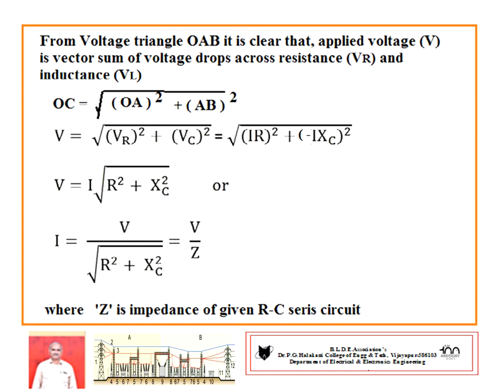You take the current outside. It becomes V divided by under square root of R squared plus Xc squared. This value equals Z. Z equals under square root of R squared plus Xc squared, where Z is known as the impedance of the given RC series circuit.